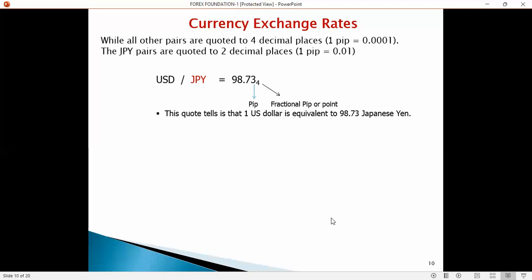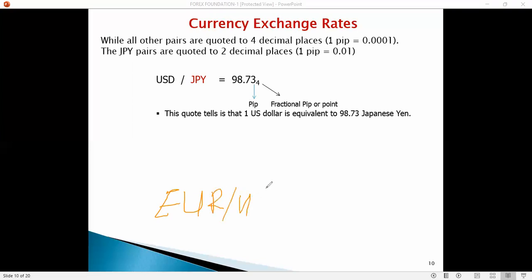So we are still on currency exchange rates. Now, take a look at this. While all other pairs are quoted to 4 decimal places, which means 1 pip, just like I've explained in the last page, 1 pip for all other currency pairs like the US dollar, for example, let's say Euro versus USD, like the example we've seen in the last slide.